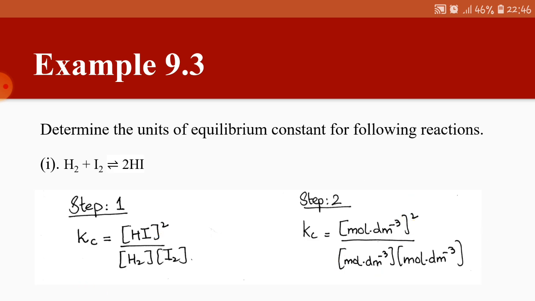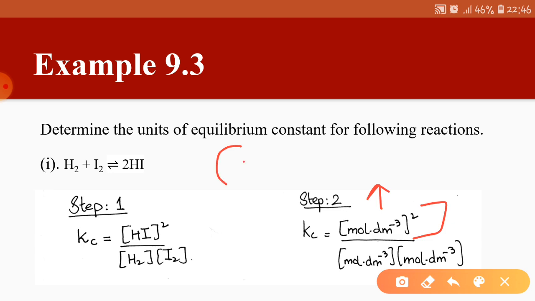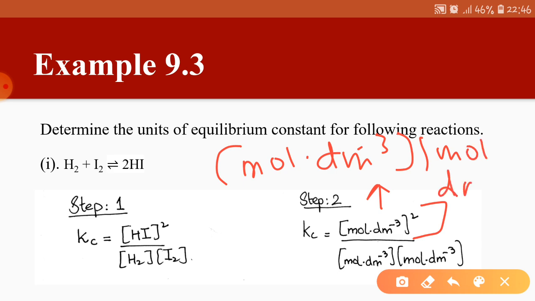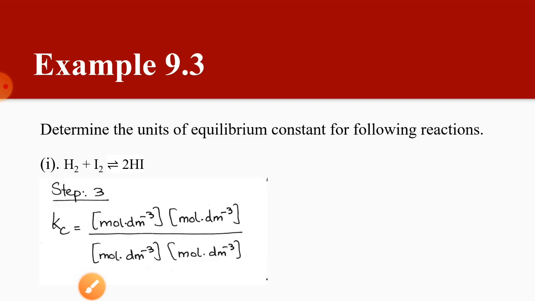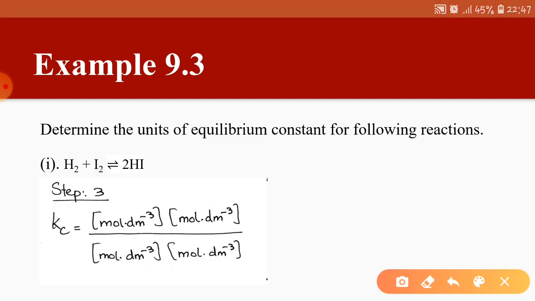So this means that the concentration term, mole per decimeter cube, to the power 2 is equal to mole per decimeter cube multiplied by mole per decimeter cube. So we will be writing it separately, and now we may see that this mole per decimeter cube concentration unit gets cancelled by this mole per decimeter cube concentration unit.